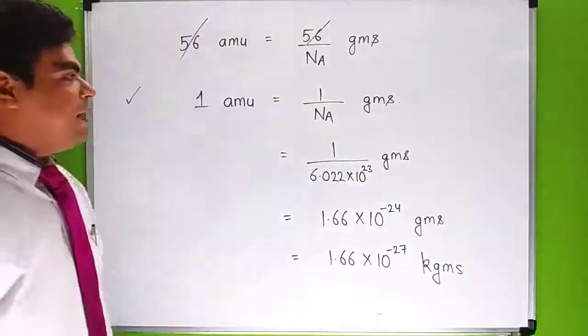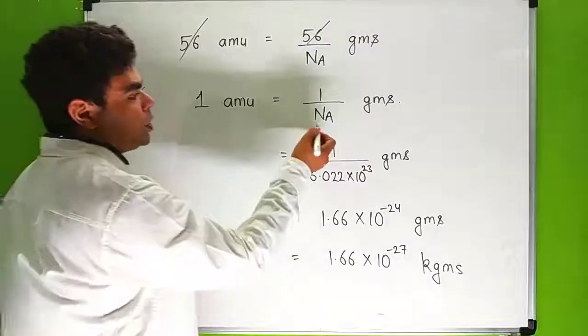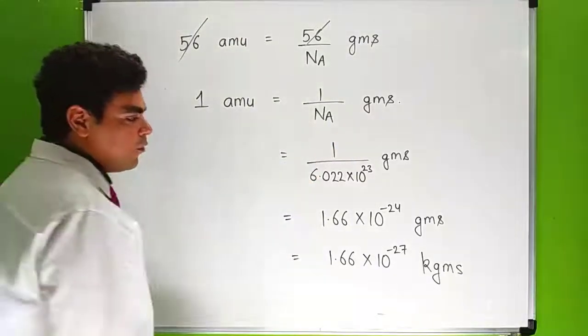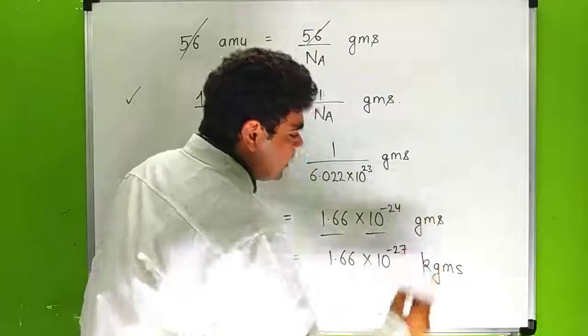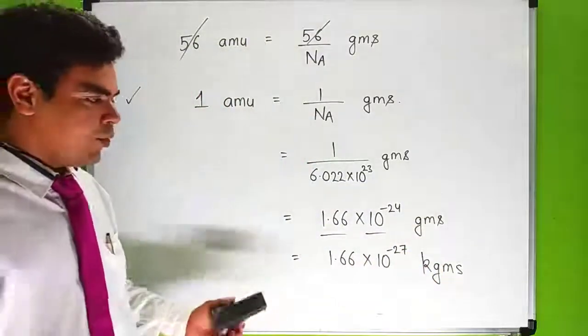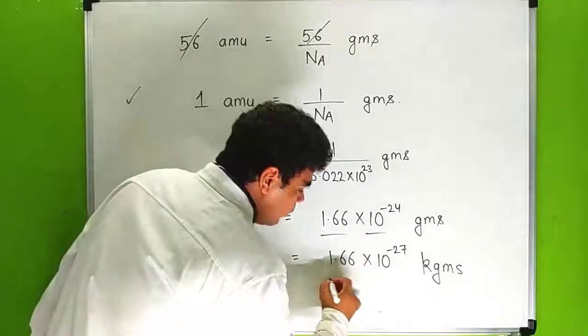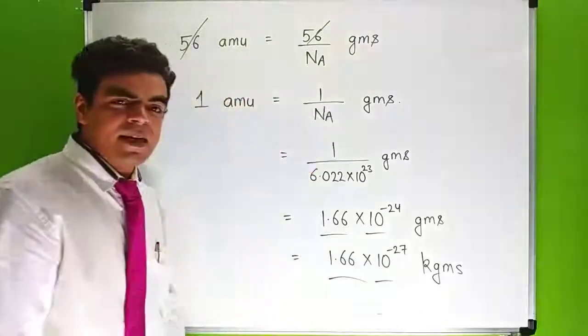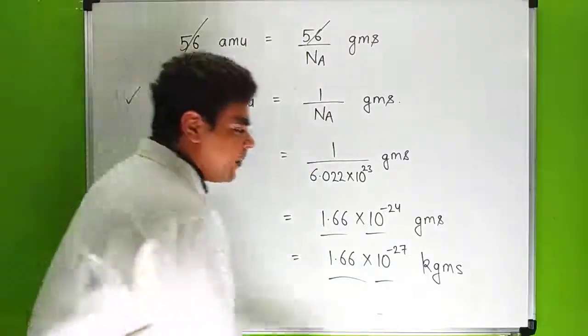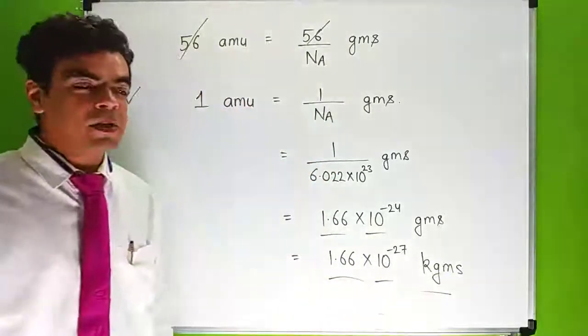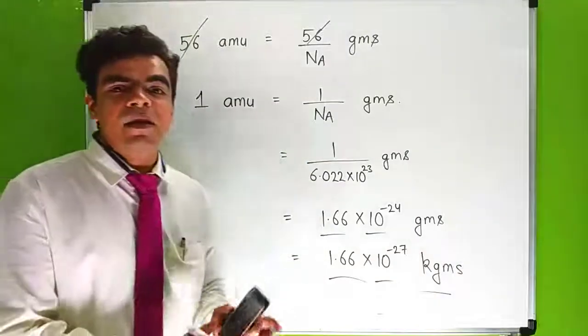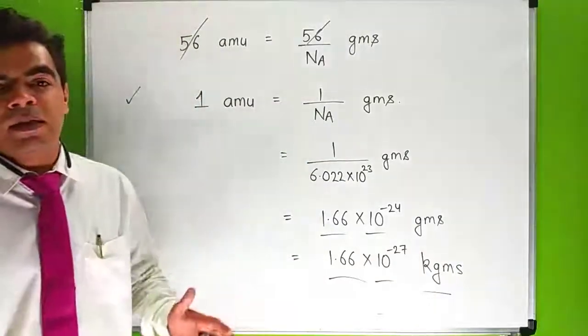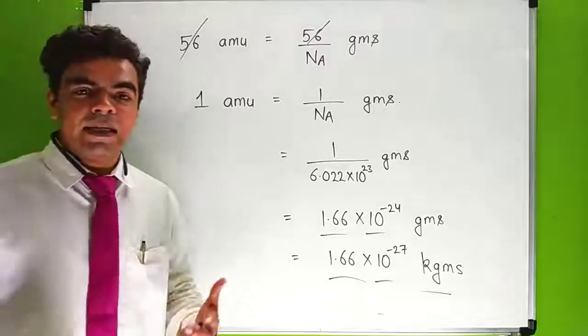So any of these three results, 1 AMU is equal to 1 upon Na grams, 1 AMU is equal to 1.66 into 10 to the power minus 24 grams, or 1 AMU is equal to 1.66 into 10 to the power minus 27 kilograms, could be used in questions depending upon the need.